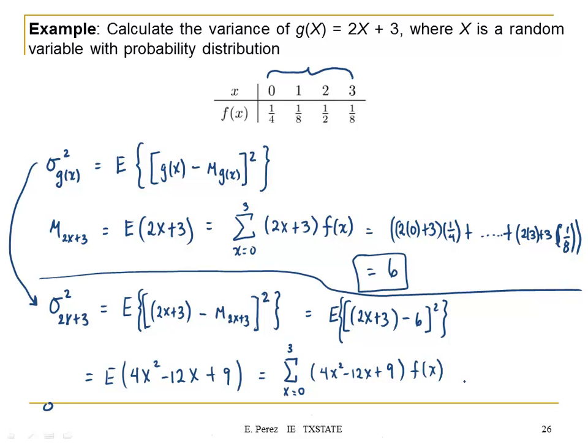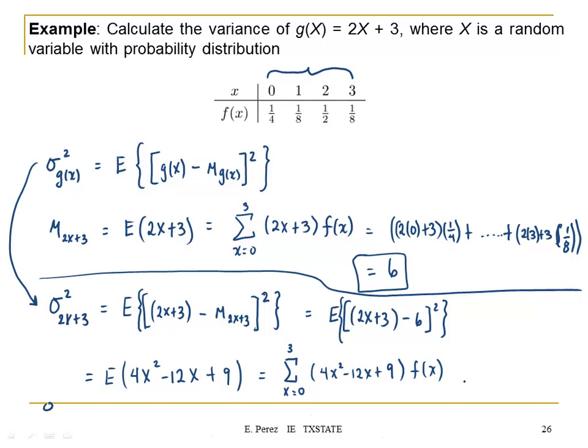So you found the mean for your function, but you're substituting that mean inside the mean of the difference squared. So this becomes another expectation. So in order to find these expectations, if you have a discrete random variable, you need to look at the summation of the function times the probability.